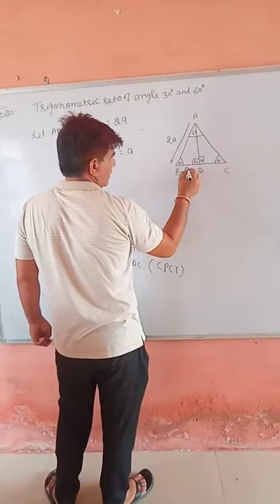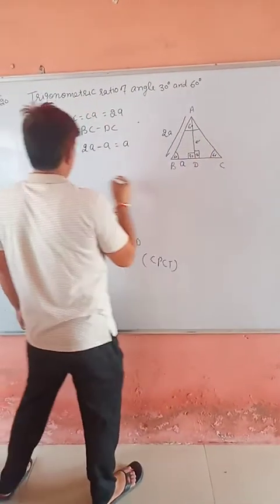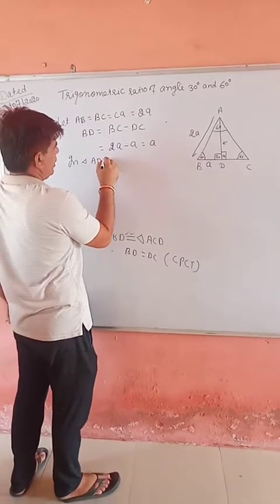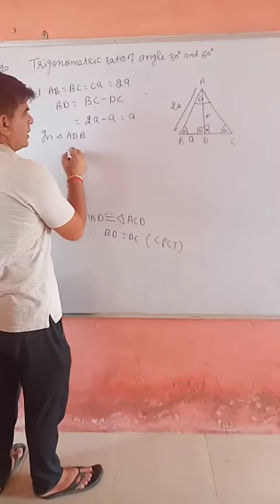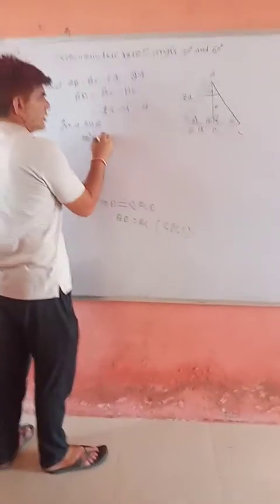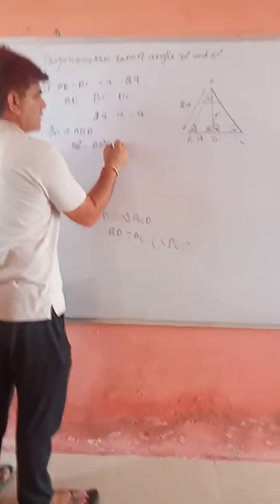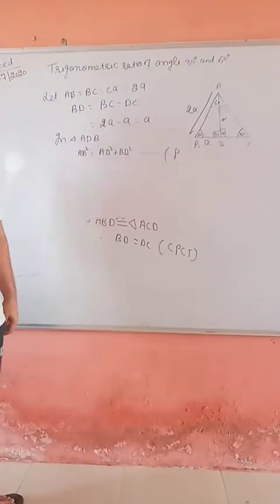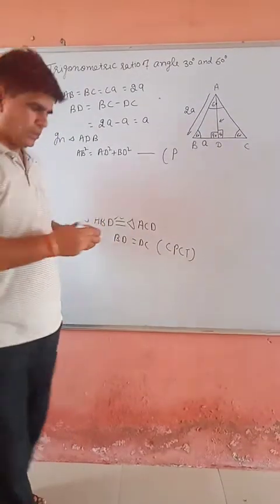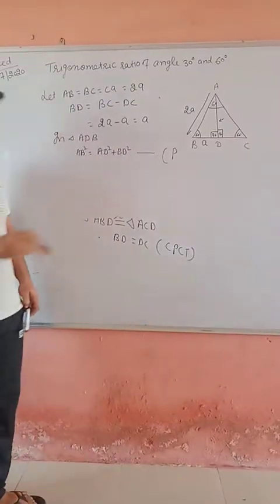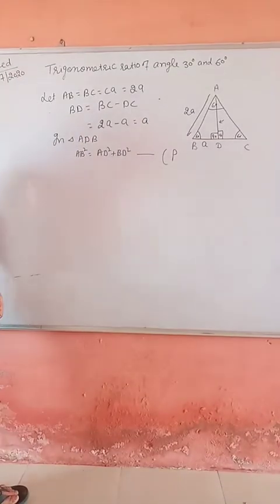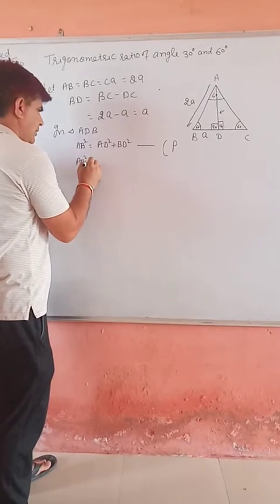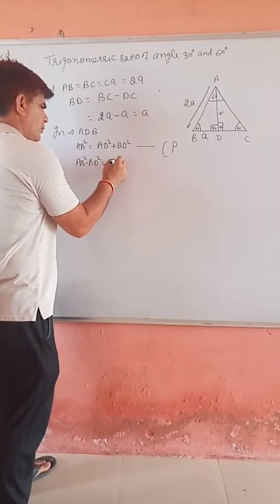This is A. We need to find this in triangle ADB. AB square is equal to AD square plus BD square by what? By the Pythagoras theorem. Understood this or not? Got it? Now AB square minus BD square is equal to AD square.